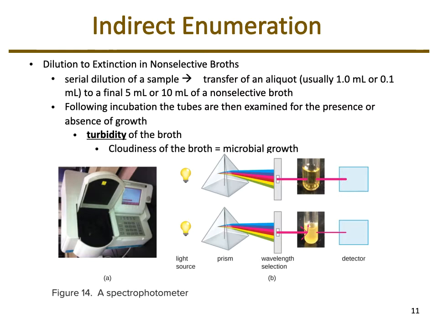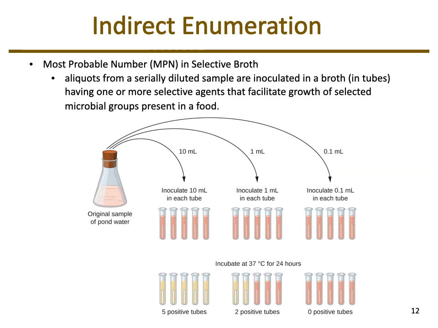Another example of indirect enumeration is the most probable number. In this case, you use a selective broth. You do a series of dilutions, with repeat test tubes, and then they get incubated.